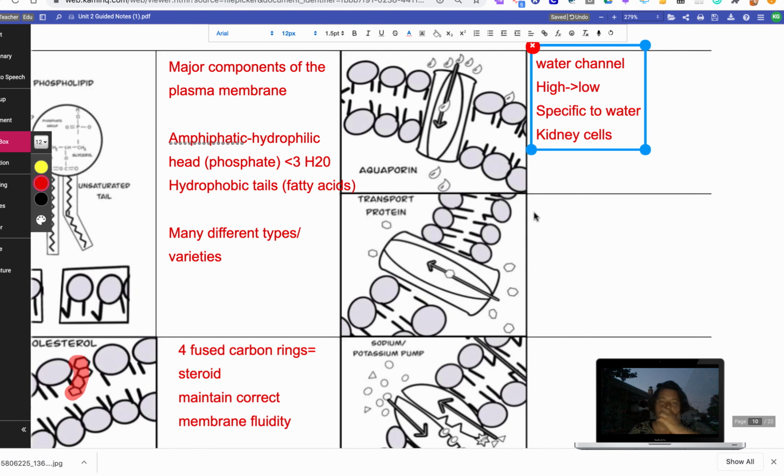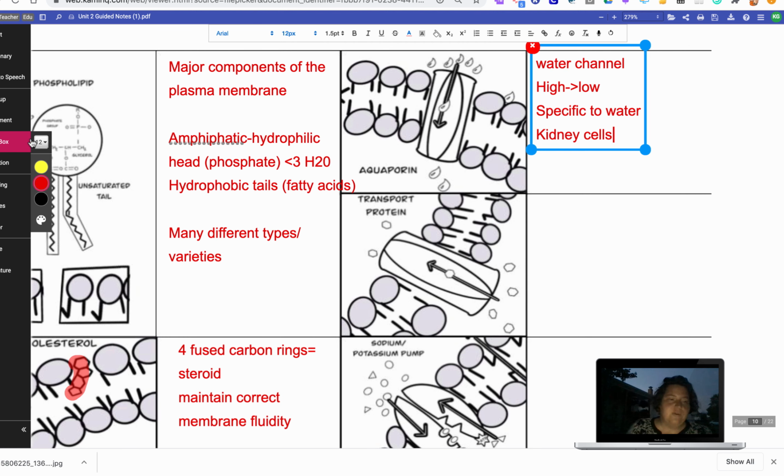And all right, this one here, if we look at it, it's going from high to low, but it needs this transport protein, kind of like it needs a little bit of help. It needs a door to get through. It can't just pass underneath the door or something. It can't just pass through the wall or the membrane.